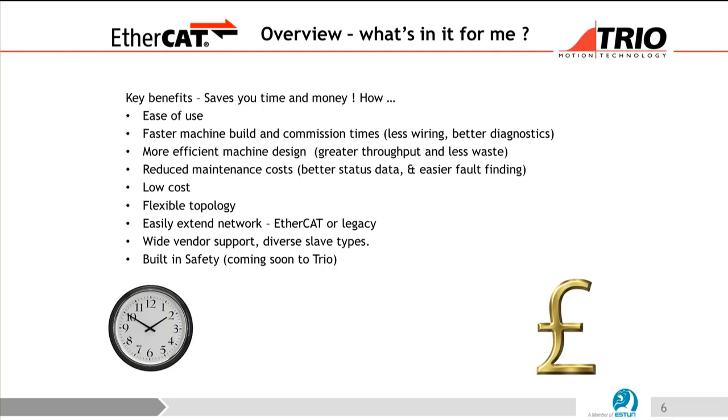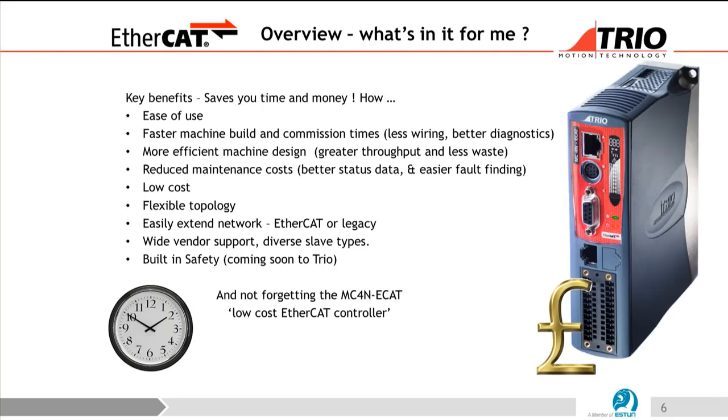Even if it's CANopen, everything is fine, but in terms of wiring and stuff like that, EtherCAT is more flexible, and going forward in the future, everything is going to be faster.